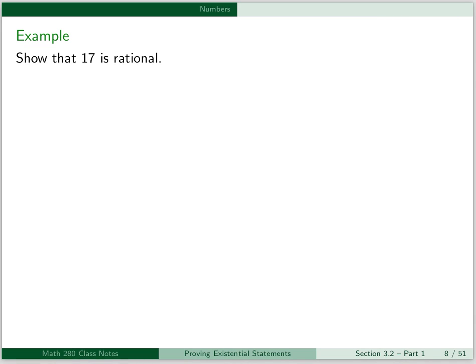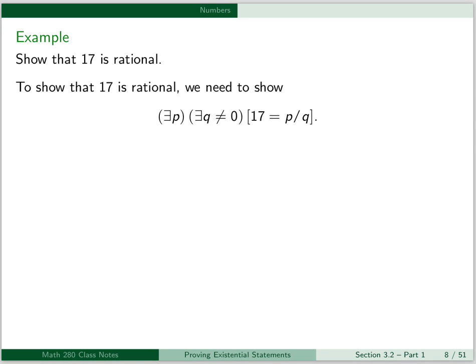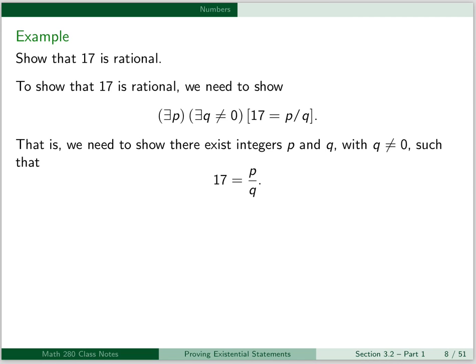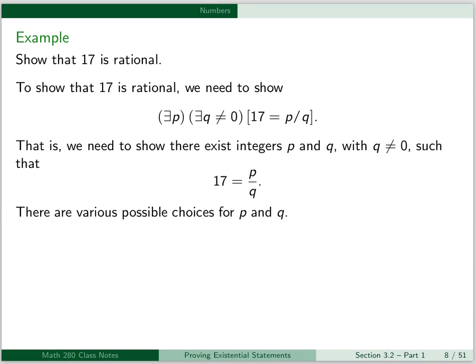So for an example, we want to show that 17 is rational. To show that 17 is rational, according to the definition, we need to show there exists a p, there exists a q not equal to 0, such that 17 is equal to p over q, and both p and q are integers. Now there are various possible choices for p and q.